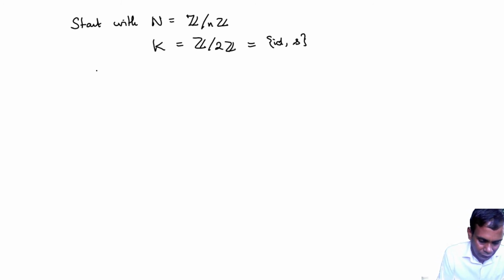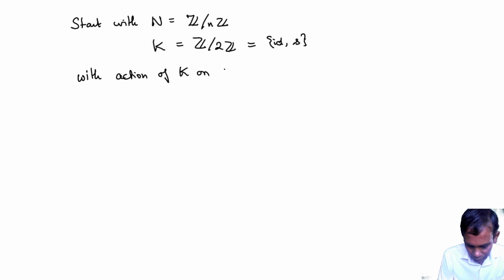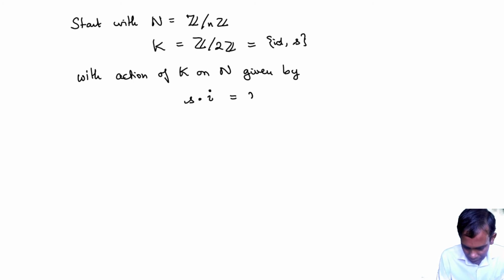And then define the action of K on N given by s dot i is minus i for all i in Z mod nZ.